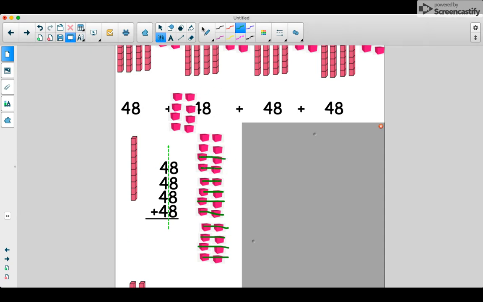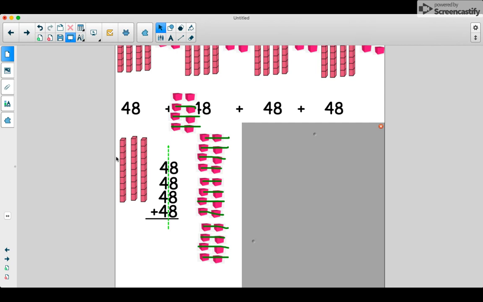Oh, there's another group of 10. And then again, 1 through 10. There's another group of 10. So 8 plus 8 plus 8 plus 8 would give me 30, and then 2.